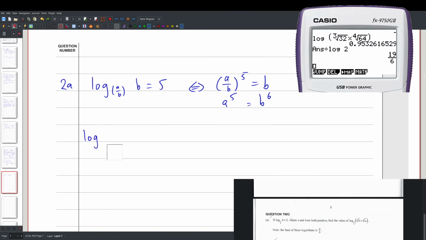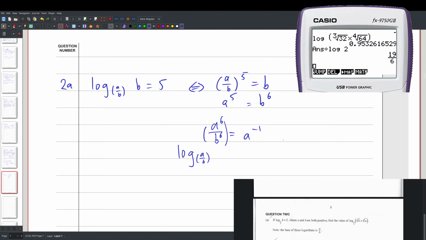So basically what you want to do, right, is you want to go a^6 on b^6 equals a to the negative 1, I believe. That means log a on b. No, there's something wrong with this. Oh, yeah.